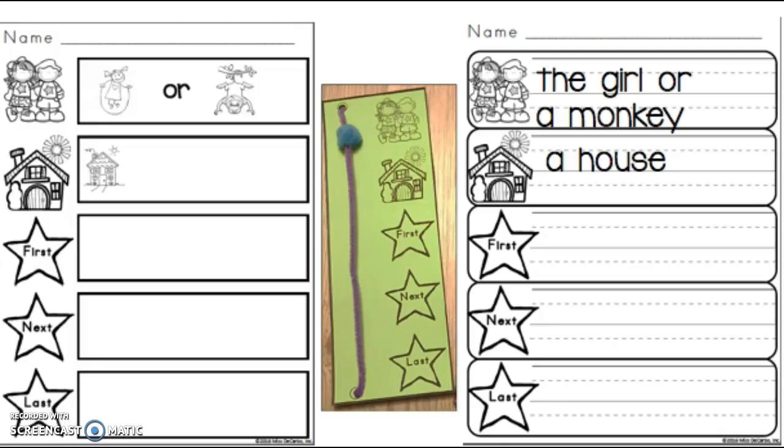Now, the setting will not always be in a house. It could be in a car. So I drew a picture of a car on this recording sheet. And over here, I wrote, or a car. Now, there are other locations, so I'm going to give you one more example of a setting.